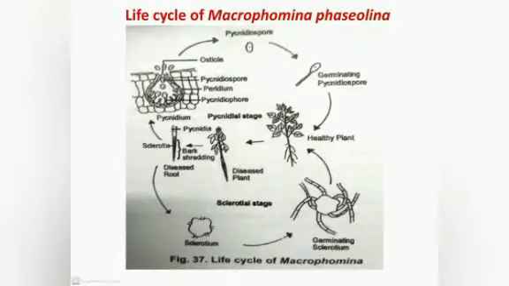At the end of growing season, comes the sclerotial stage, and the fungus will produce spherical black smooth sclerotia. It will exhibit bark shredding. It will survive and initiate the new infection. So this is the life cycle of Macrophomina phaseolina and the symptoms caused by this fungus. Thank you.